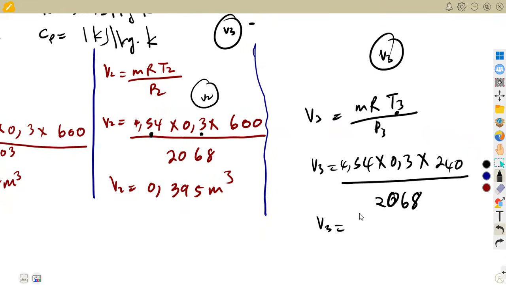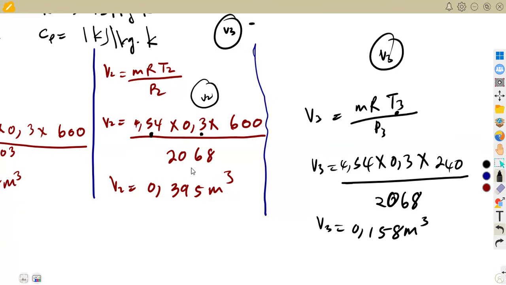It is just a matter of making sure that you are substituting your values properly. So 240 is the part that has changed, but this one remains as it is. So your V3 is going to be 0.158 cubic meters.